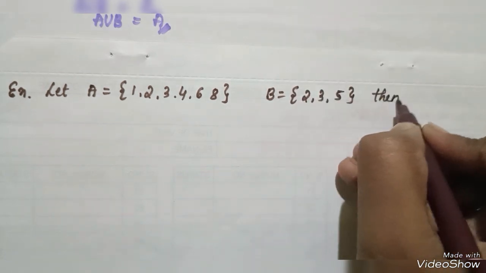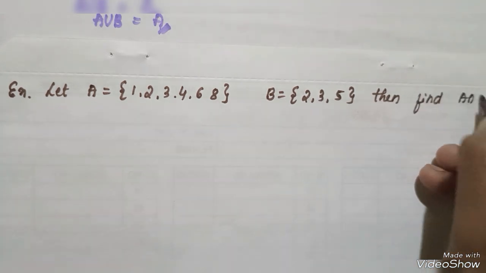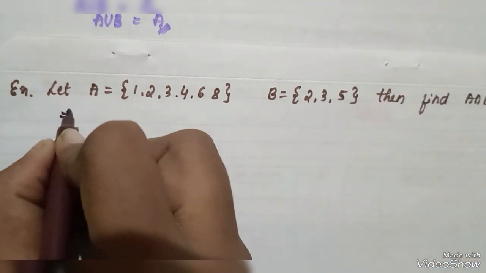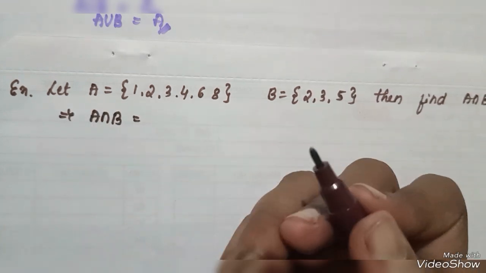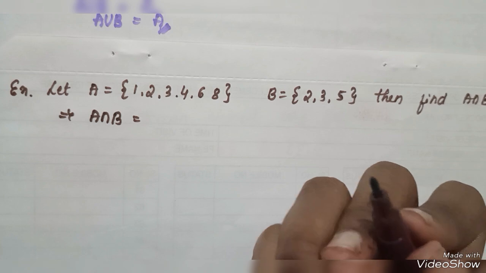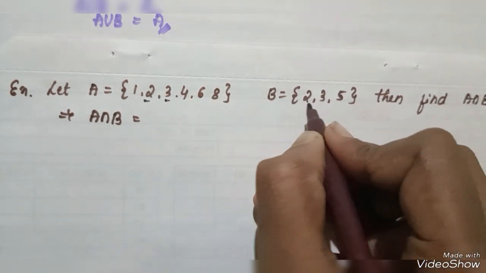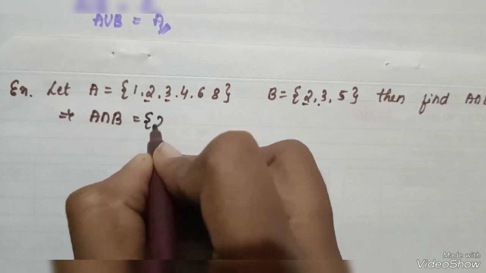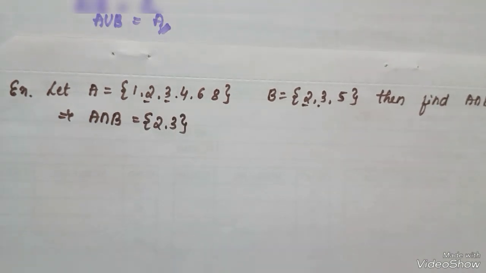Then find A intersection B. Here, what are the common elements? 2 and 3. Therefore, A intersection B is 2, 3.